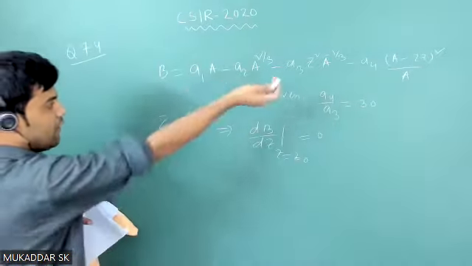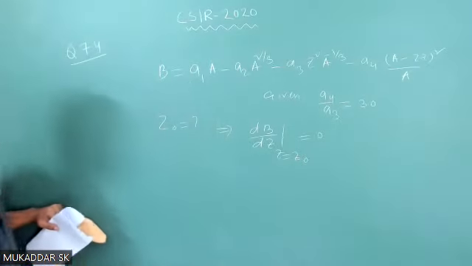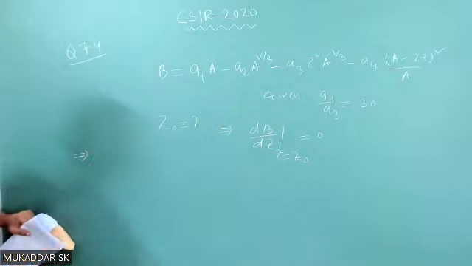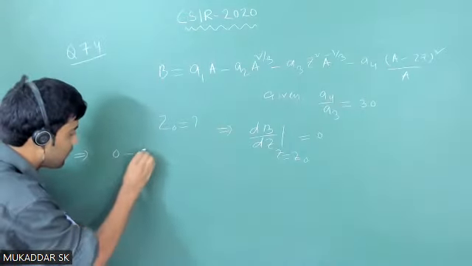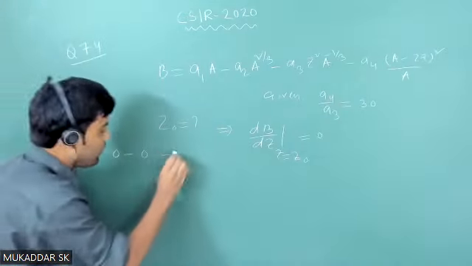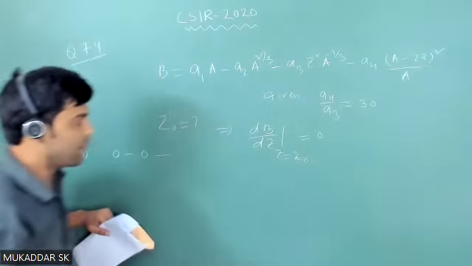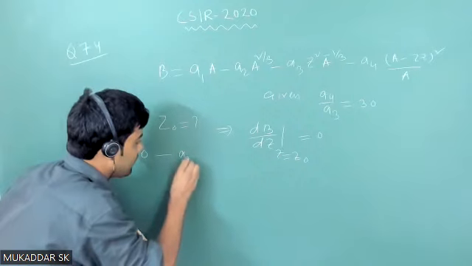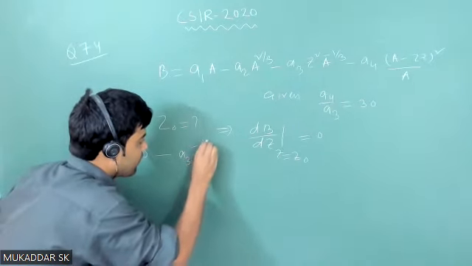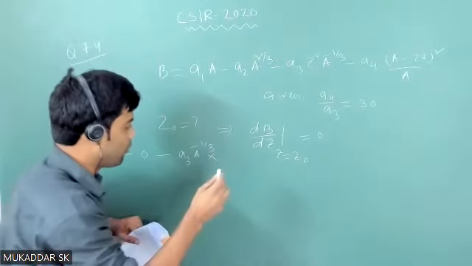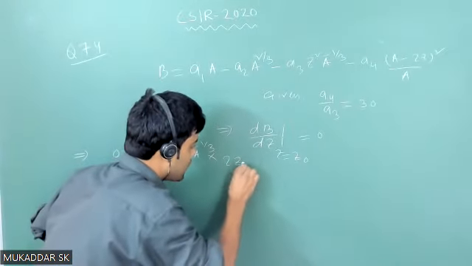Now if you differentiate this function with respect to Z, the first term and second term will not survive, they will be 0. In the third term, A3 is constant and A^(−1/3) is also constant, and that will provide you twice Z naught.